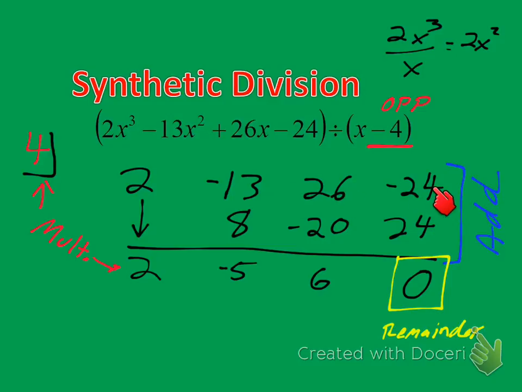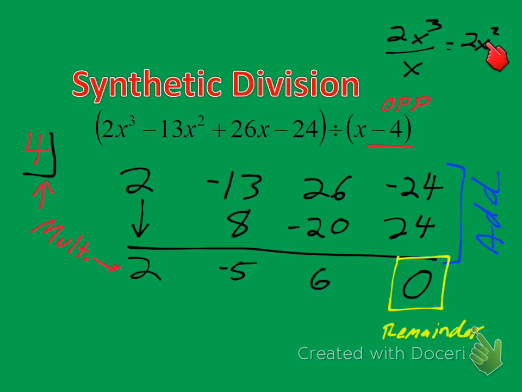See how these numbers came from here? So now you put these numbers back into a polynomial. And if it's going to be a polynomial, it's going to mean what? You have x's. But remember how I said this is a shortcut. This isn't everything going on. There's some behind-the-scenes stuff, and one of the behind-the-scenes things is this right here. Behind the scenes, you took 2x cubed and divided by this x right here and got 2x squared.